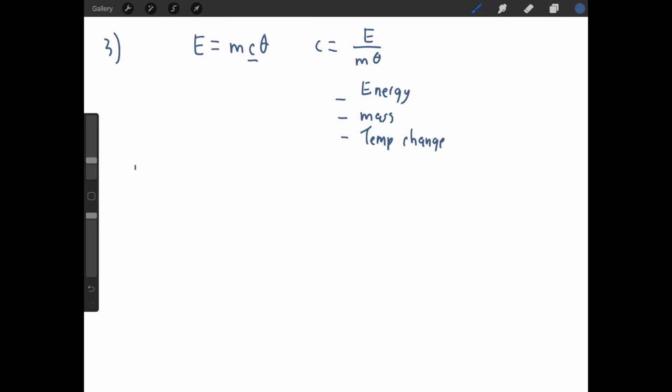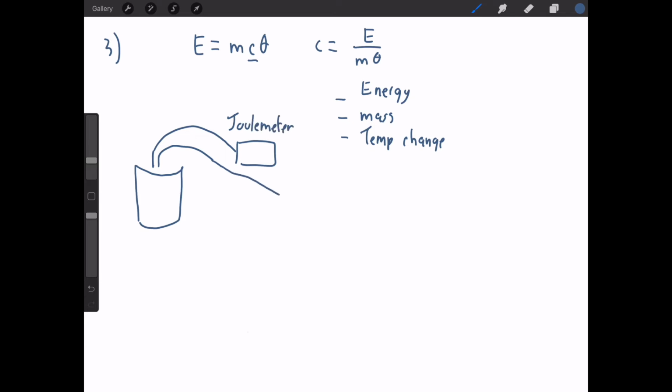So the standard way of doing it is to take a block, you have to excuse my drawing, and we're going to put a heater in it, which is going to be connected to a power supply. The first way would be to use a joule meter, which is quite easy, but you might not have seen one of these before. And that simply measures the energy transferred.